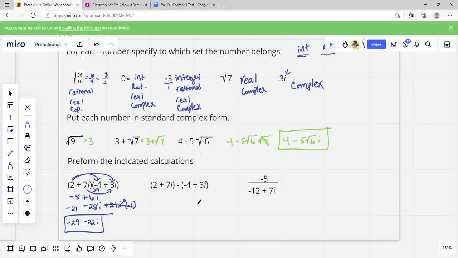This one we're subtracting. So we've got our real part here and here. And remember, we got to distribute that negative. So that makes this plus 4, right? And that makes this one be a negative. Okay, so we got to think about it like that. So if we have 2 minus negative 4, it's going to be 2 plus 4 is 6.